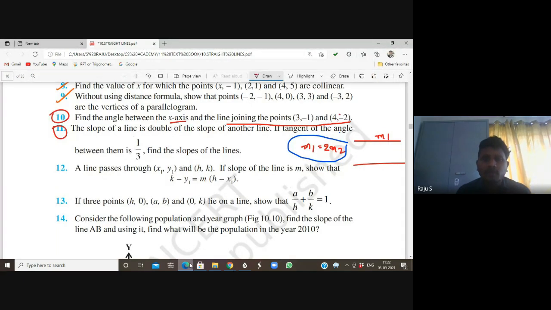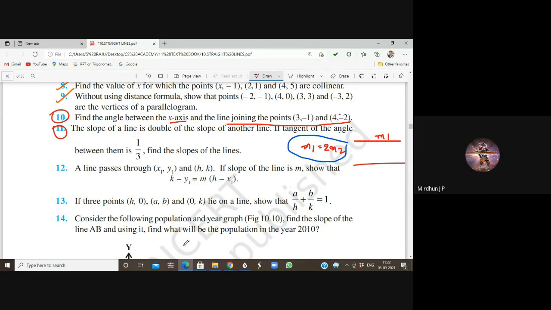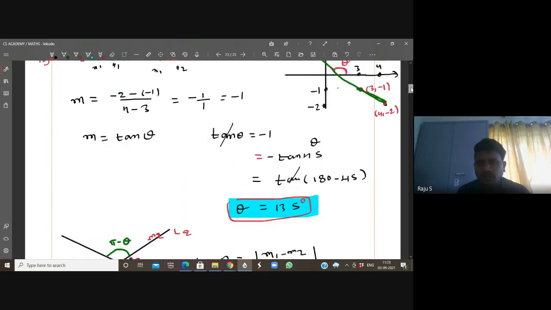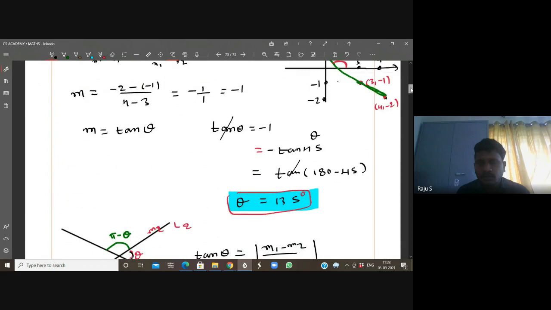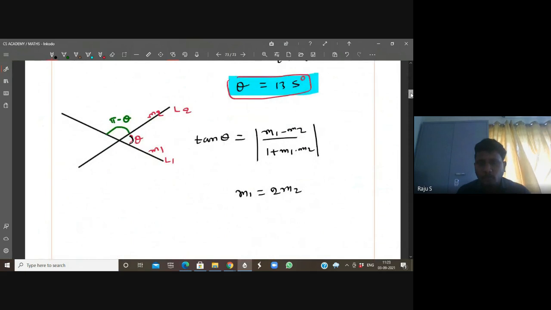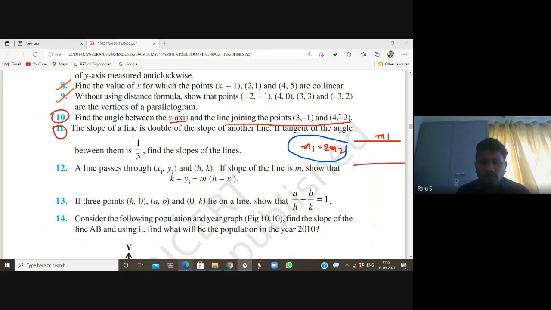The tangent of the angle between them is 1 by 3. What do you observe, students? We will get a quadratic equation, and we need to simplify it. What is the m1 value? 2m2. Am I right? In the given question, m1 is equal to 2m2.